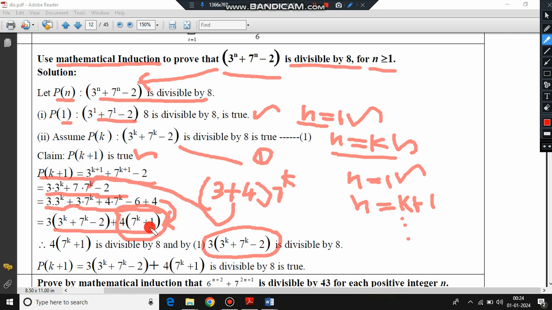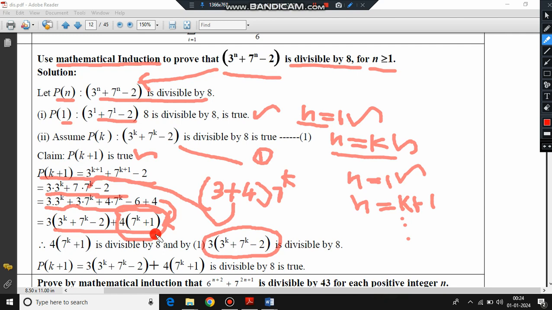If k is equal to 2, 3, 4, whatever it may be, if you add 1 and multiply by 4, this term is divisible by 8. So this term is divisible by 8 plus this term is divisible by 8. Therefore the sum of the two divisible by 8 is again divisible by 8.